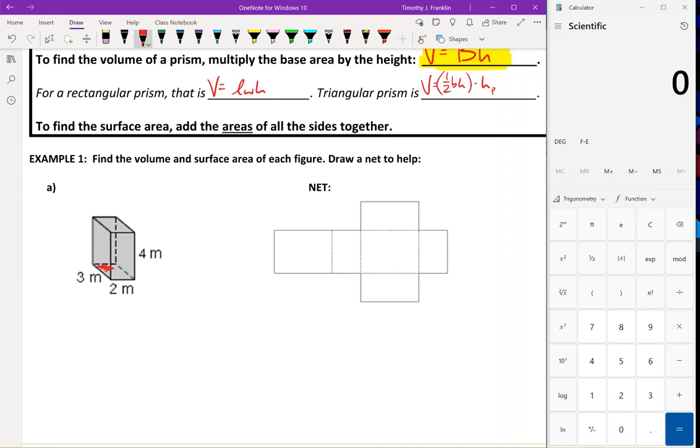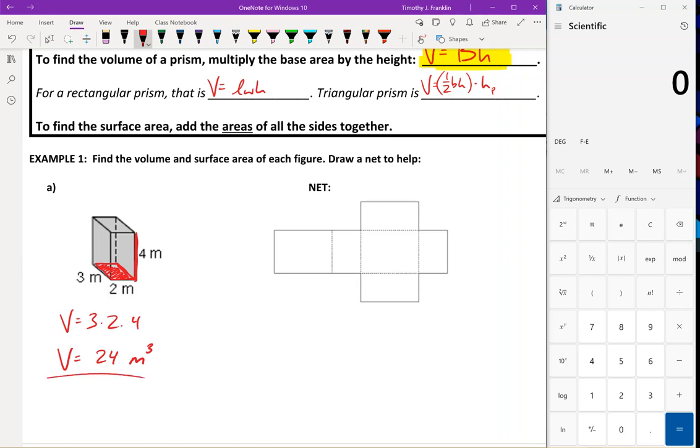And so you can think of this bottom one here as the base, and then 4 is the height. All right, so it's kind of like taking 4 meters worth of this area of the base, which is 6, 3 times 2. So the volume here would be 3 times 2 times 4, which is 24 meters cubed.